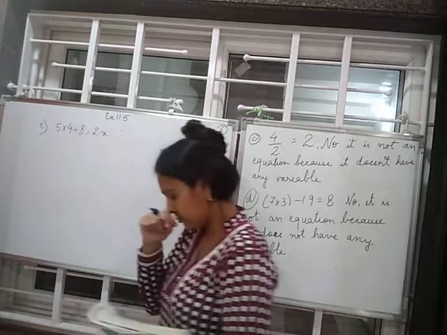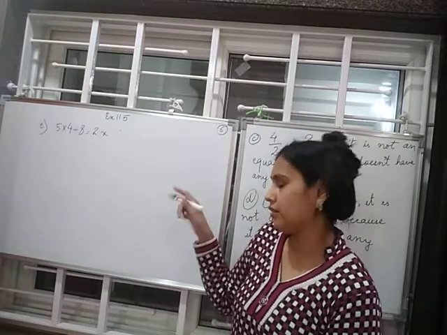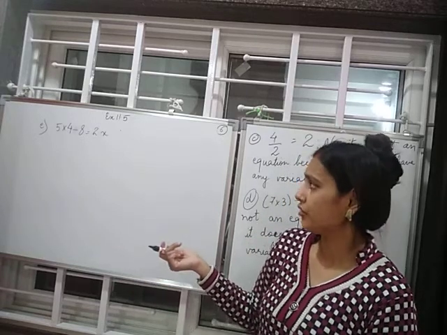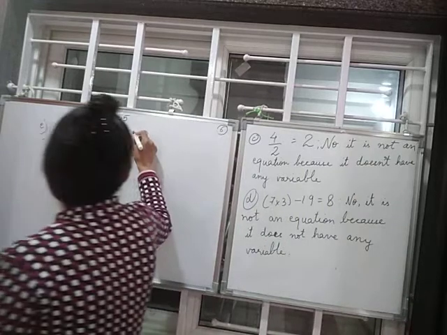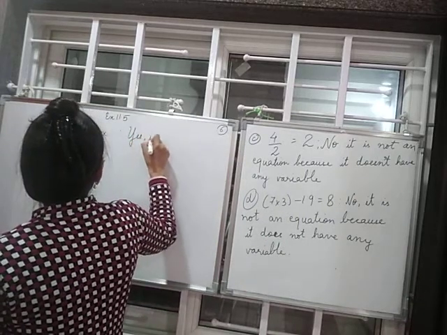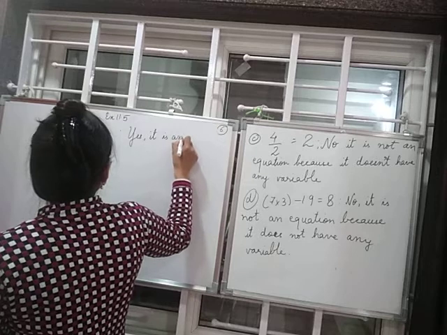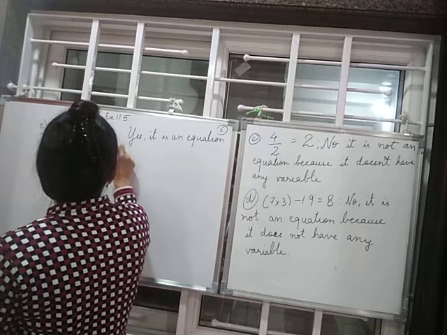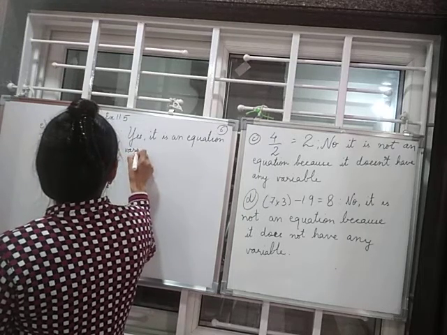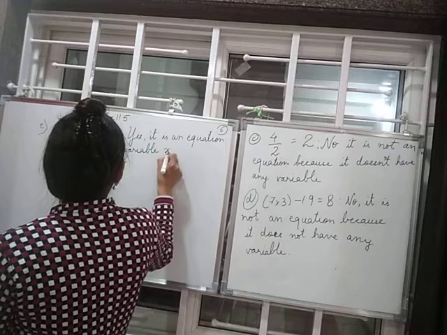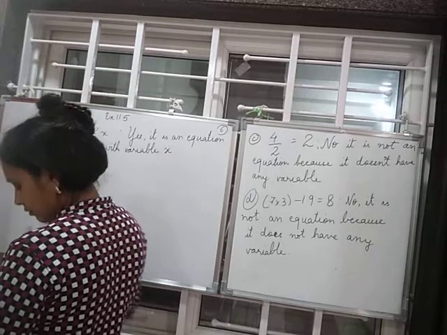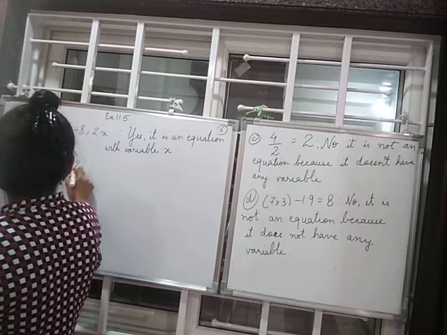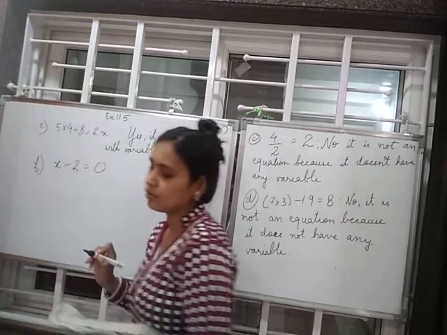So, it is having a variable and it is having an equal to sign also. So, it is an equation with variable x. x minus 2 is equal to 0.